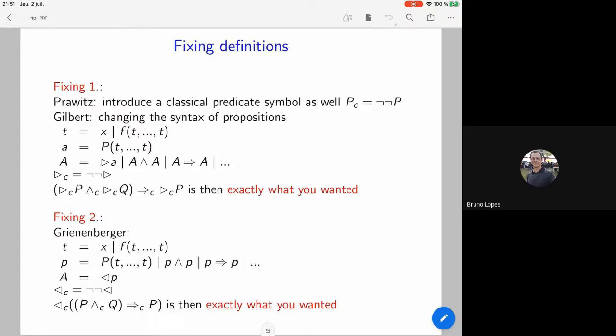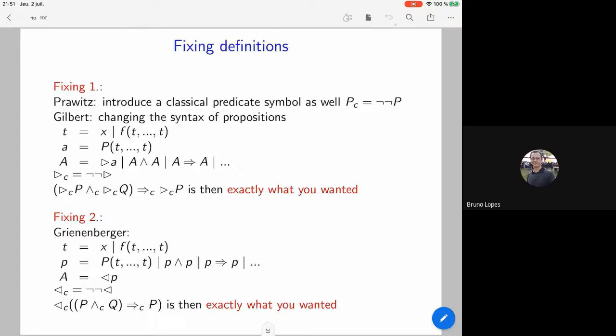And then the trick is that this Gilbert operator comes in two flavors. So even if the atom is only in one flavor, when you put this embedding in front of it, you can either use the constructive or the classical Gilbert operator. And of course, the classical Gilbert operator is just the double negation of the constructive one.